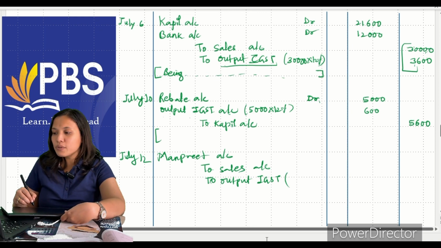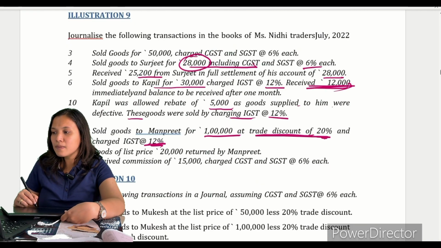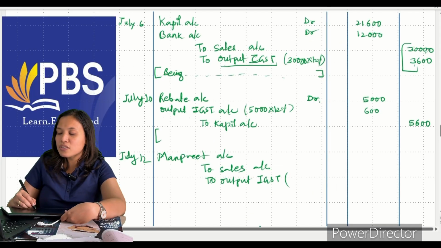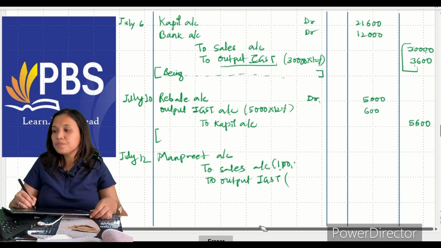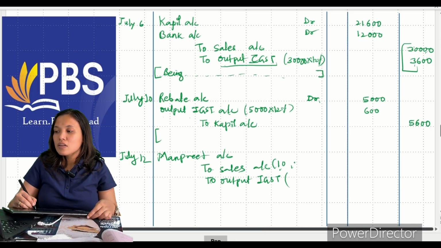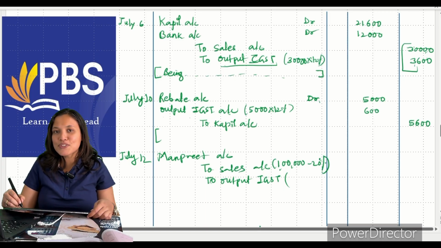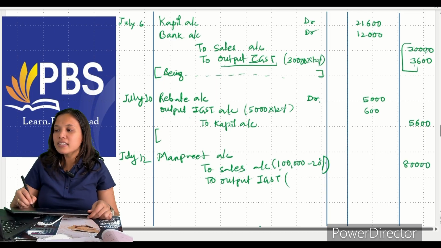But what is the value we have? 1 lakh. Trade discount 20%. So sale value, how much it will be? 1 lakh minus 20% I have to take, because trade discount is never a part of books of accounts. Correct. So it is 80,000 here.